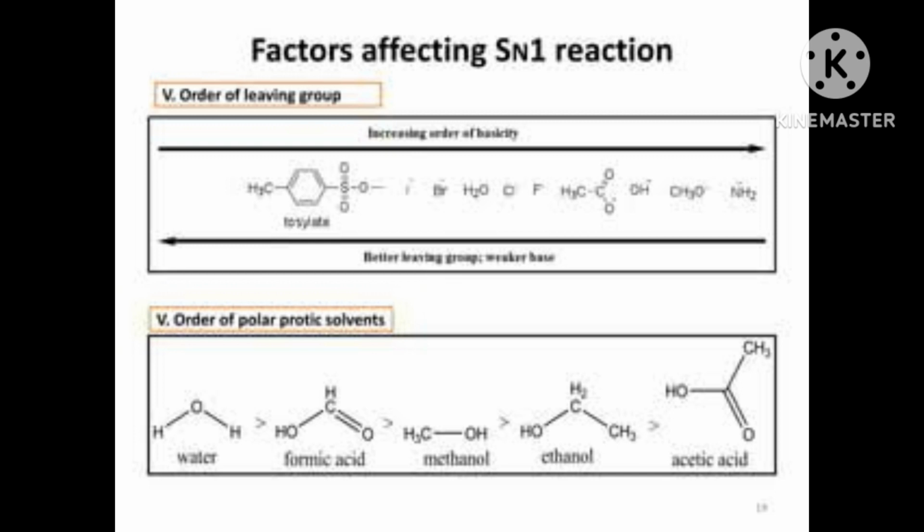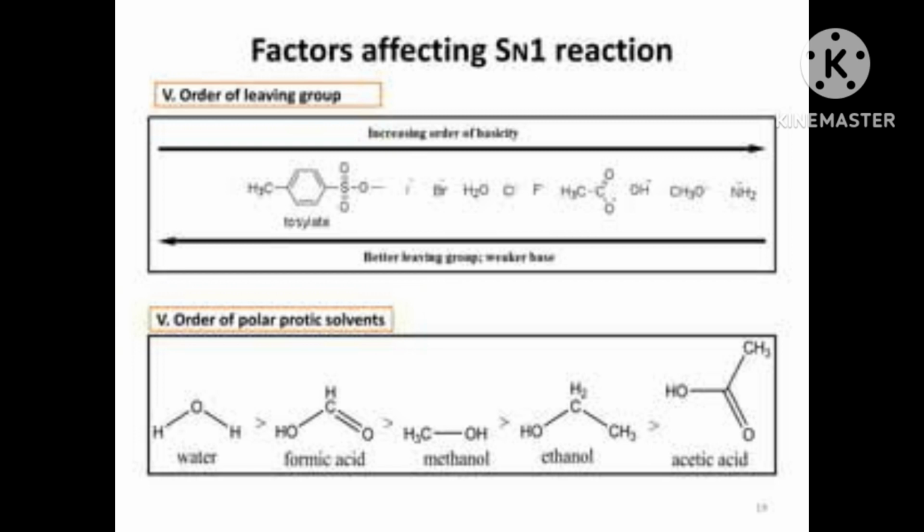After that the second one has only a phenyl group and an H. Third is the methyl group, and fourth has nothing, only both H, CH2Br. This is the case of SN1.